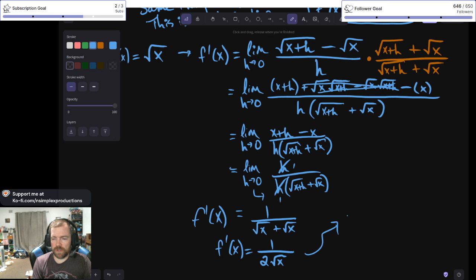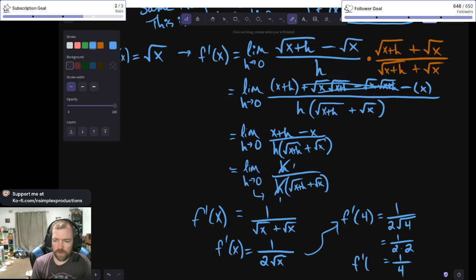Right, and as a note, what was f prime at 4? That was 1 over 2 times the square root of 4. Square root of 4 is 2. So 1 over 2 times 2, 1 over 4.